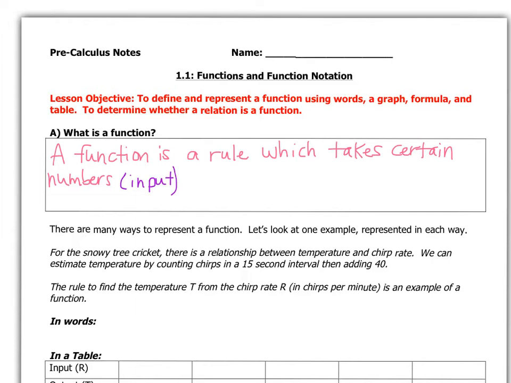Takes those certain numbers, and once it goes in through the function, whatever that might be, we assign each of those inputs to exactly one output.